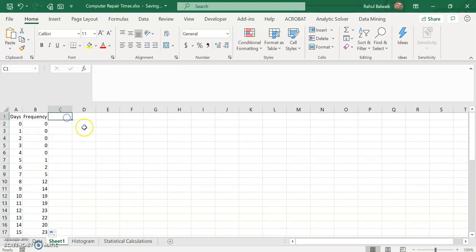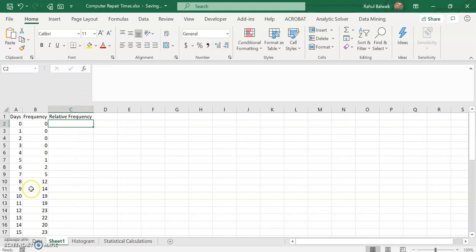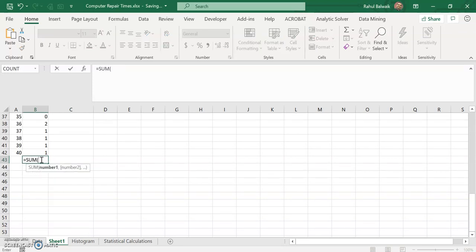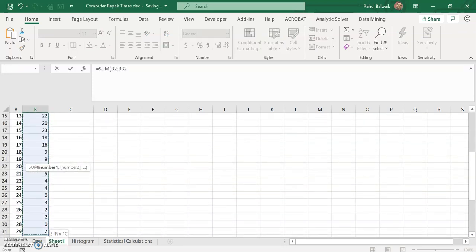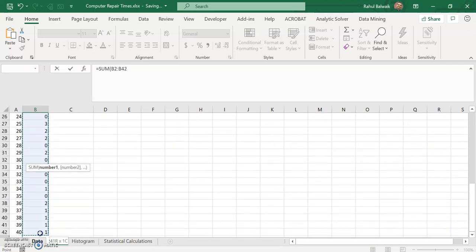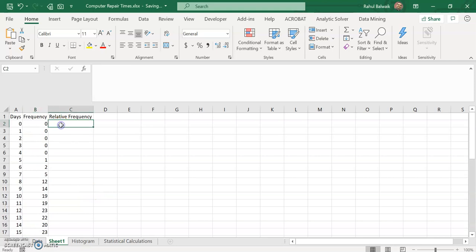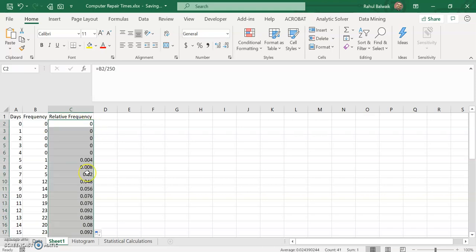So that's the frequency. Now let's find out the relative frequency here. How we generally find out the relative frequency is by finding out the total first. So let's find out the total here. That's 250 computers. So we'll divide this by 250. Okay, so that's how we determine the relative frequency here.